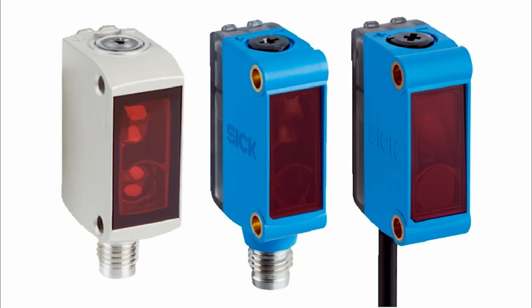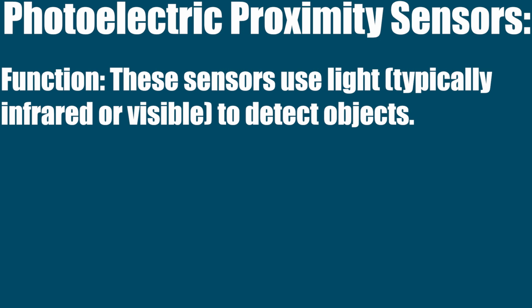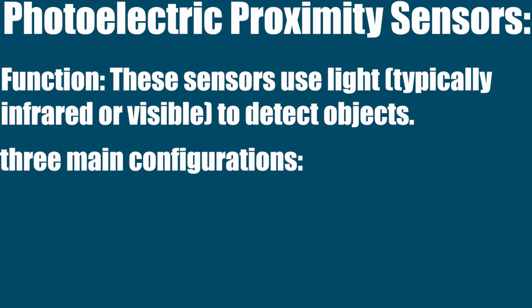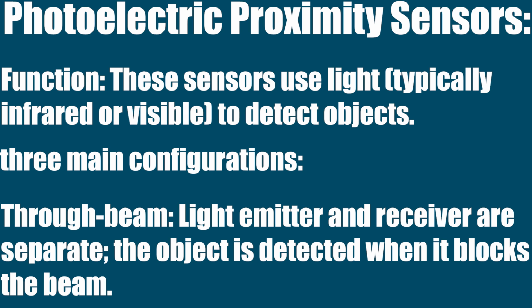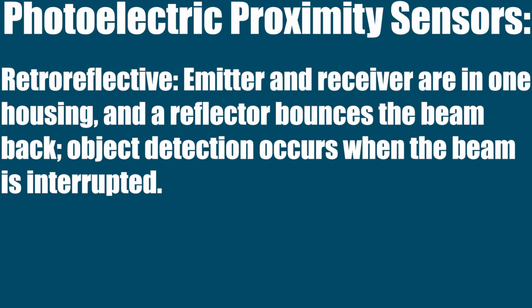Photoelectric proximity sensors. Its function is to use light, typically infrared or visible light, to detect objects. They come in three main configurations. A through beam configuration. That through beam means there's a light emitter and a receiver, and these are separate. The object is detected when it blocks that beam. Retroreflective. It has an emitter and receiver in one single housing, and a reflector bounces the beam back.